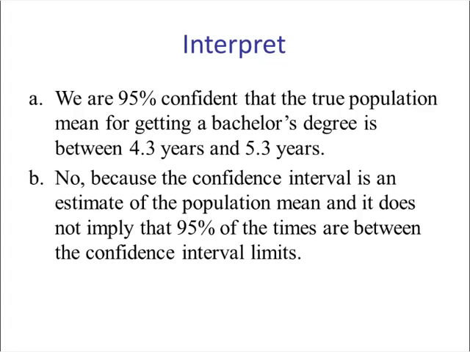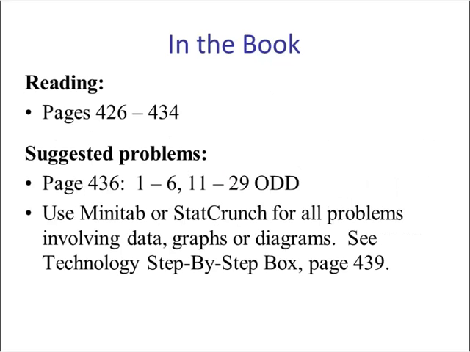So when we interpret this, we are saying we are 95% confident that the true population mean, the average, is between 4.3 years and 5.3. Here are the readings and suggested problems.